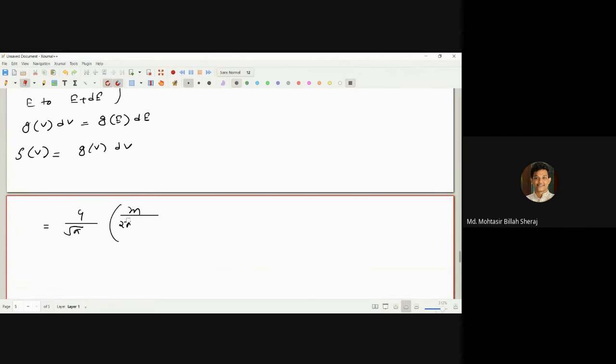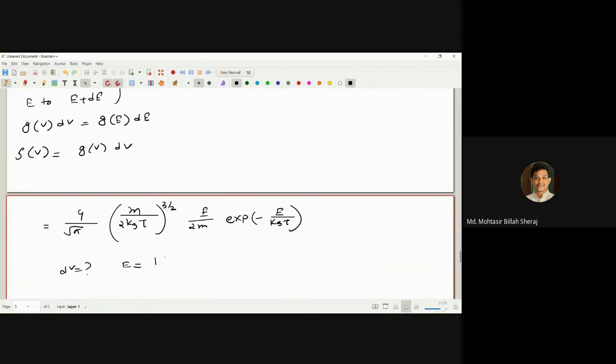(m/2kBT)^(3/2) v² equals E/2m e^(−E/kBT). So we have replaced the speed v with energy E. Now dv equals what?